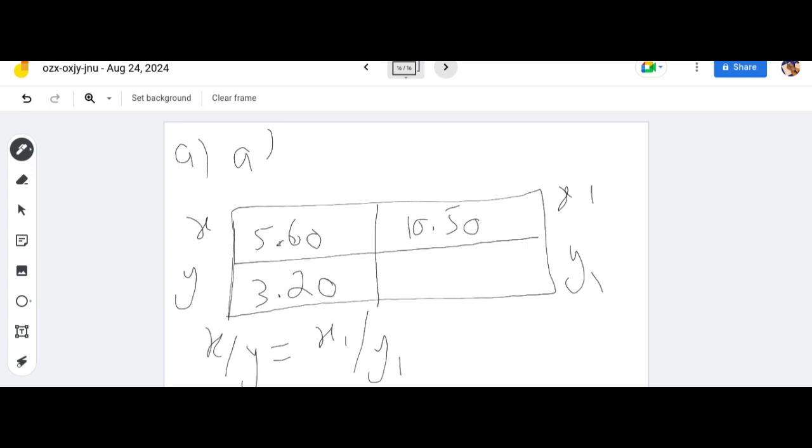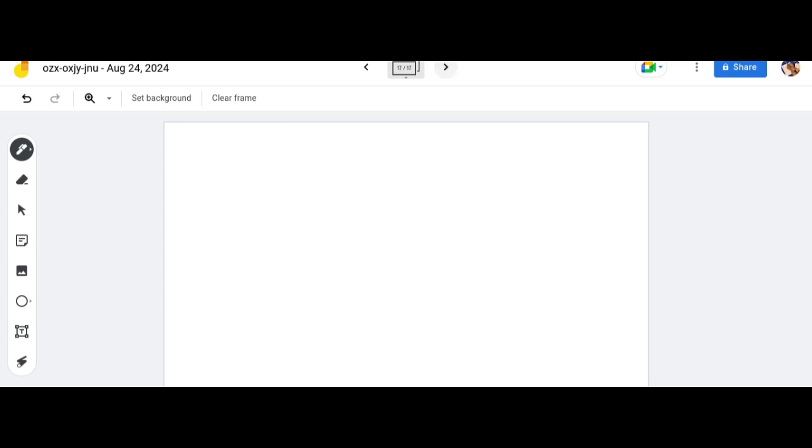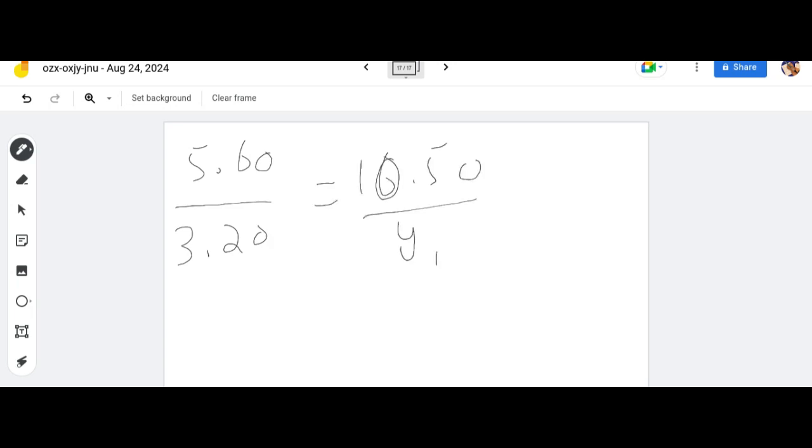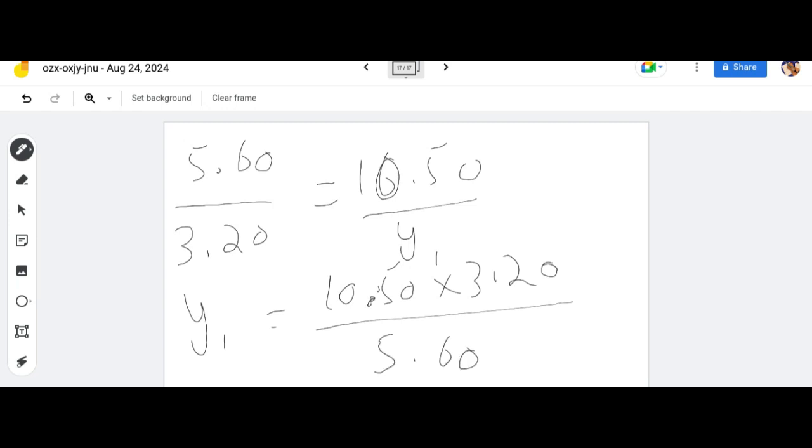Now you have to solve this. Okay, x and y is equal to 5.60 divided by 3.20 is equal to 10.50 divided by y1. y1 will shift here, and multiply 10.5 with 3.20, cross, pay attention, and then it is divided by 5.60. Now you have to solve this.